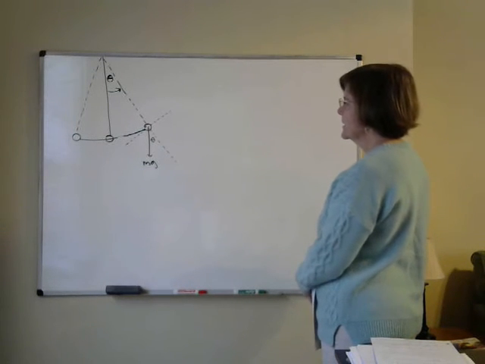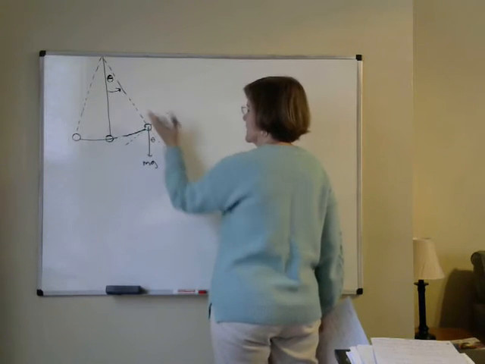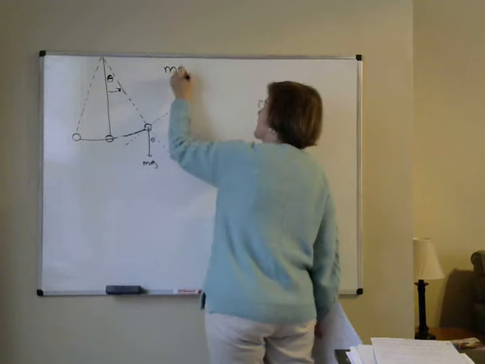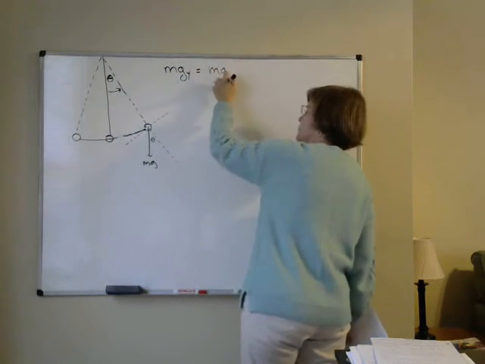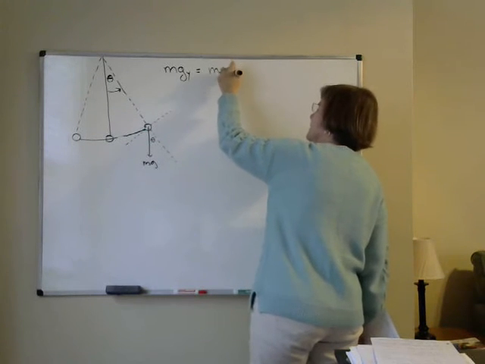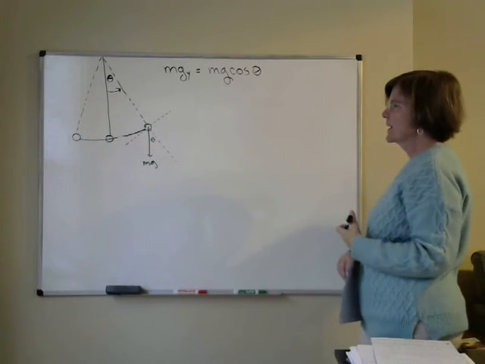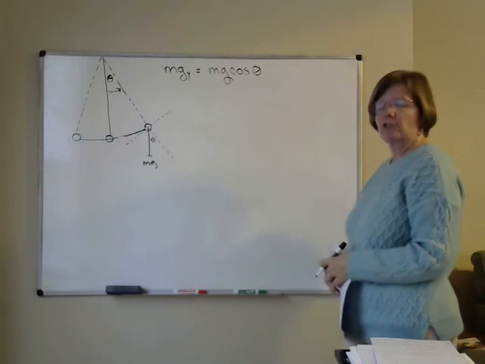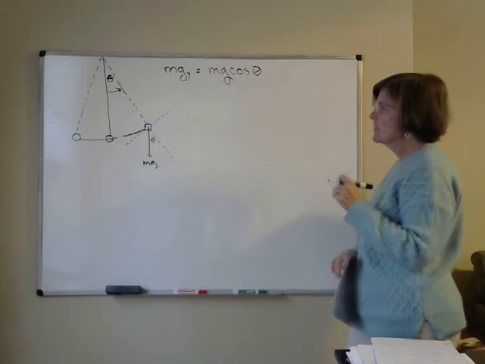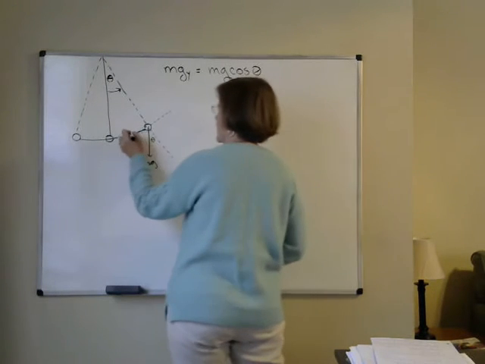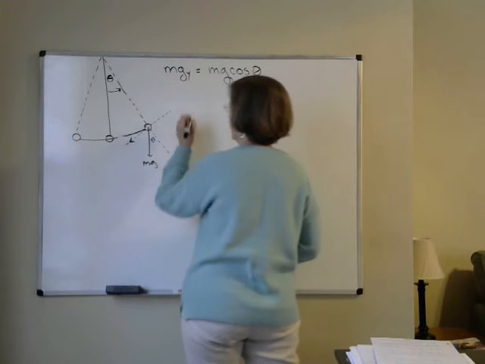Okay, you can see that the portion of the gravity that is along this line, I'll call that vertical, is just mg cosine theta. Mg cosine theta has to balance out that tension. There's also a part that points perpendicular to that, that wants to make it swing down.